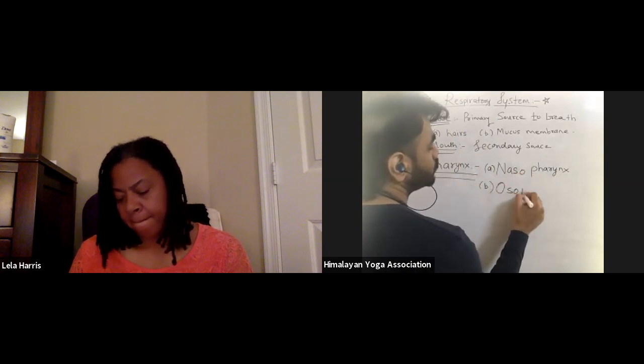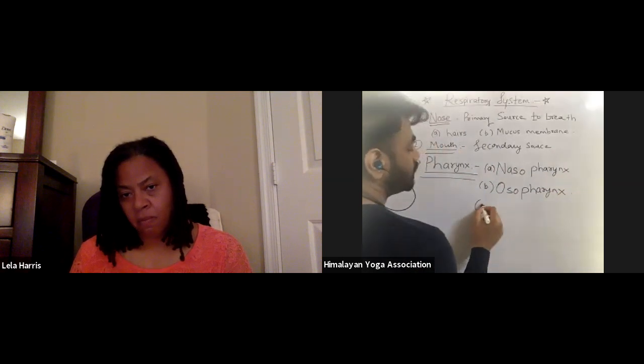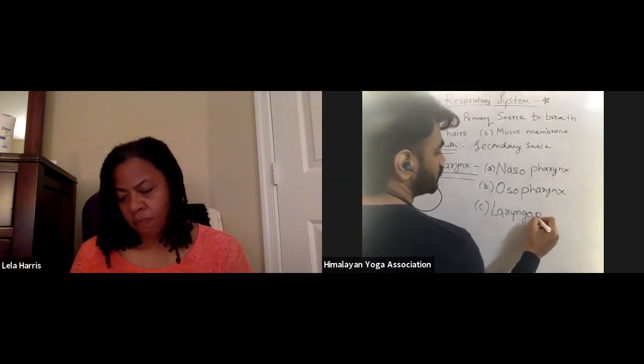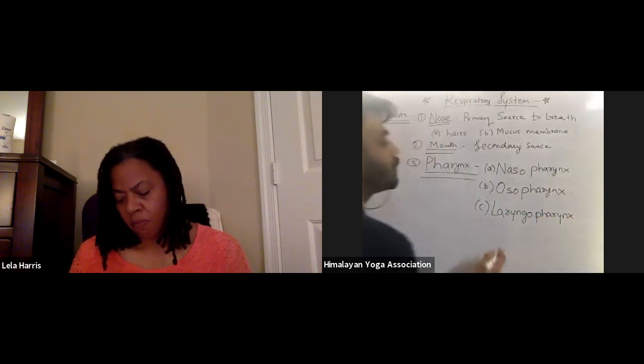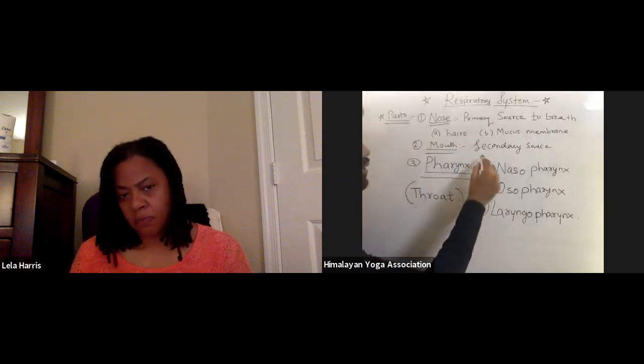Then we will have oropharynx with the mouth. And we will have the laryngopharynx below the oropharynx. So this pharynx region is nothing but our throat section. These are all three sections of the throat.